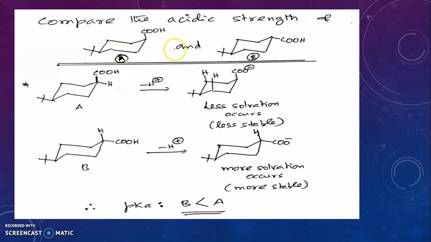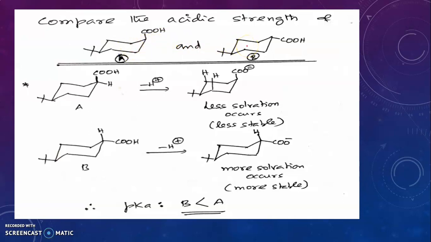This is the cis isomer and this is the trans isomer. Listen, for these two, the acidic strengths are not the same. The acidic strength of the cis isomer and trans isomer are different.